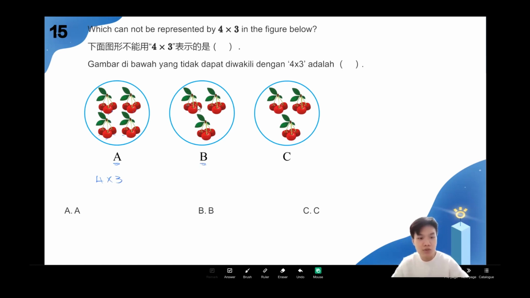B. There are 4 cherries in each part, and there are 3 parts. Therefore, you can use 4 cherries times 3 parts. C. Here there are 1, 2, 3, then 1, 2, 3, 4, then 1, 2, 3, 4. We cannot use 4 times 3 to represent it. Hence, the answer is C.